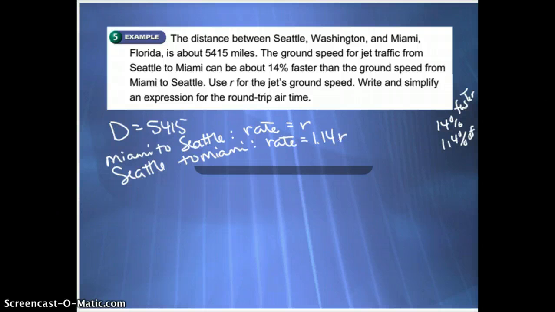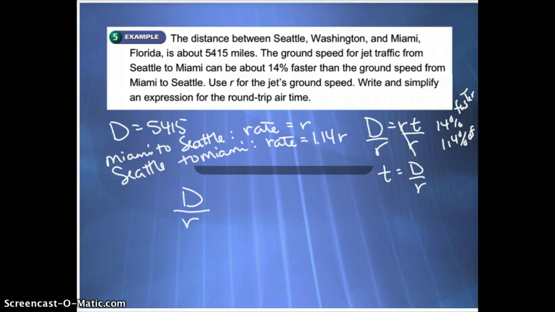So I need to remember that distance equals rate times time. And if I'm trying to solve for time, I know then that time must equal distance divided by rate. So for total round trip time, I'm going to be doing the Miami to Seattle time plus the Seattle to Miami time. So Miami to Seattle is just going to be distance divided by rate.